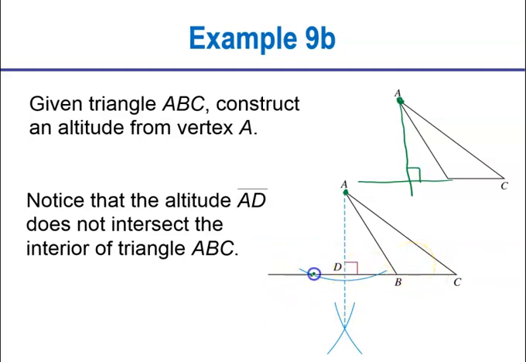You put your pointer right here with the same compass measurement and strike that arc, and then you pick up your pointer and put it right here and strike that arc. Once again, connect your vertex A to your intersection point down here, and that's going to give you the altitude, which is your perpendicular line. Right there is your altitude.